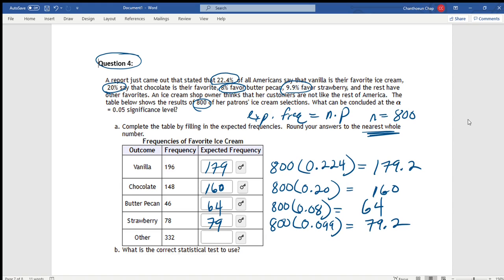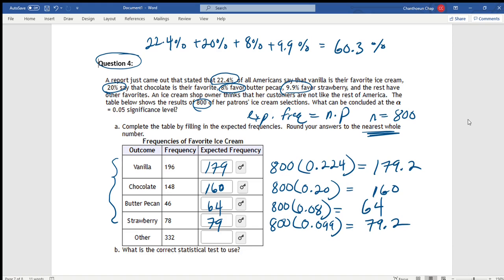To find the percentage that prefer other, we'll have to add 22.4% plus 20% plus 8% plus 9.9%. This is equal to 60.3%. So this is the makeup of those that prefer vanilla, chocolate, butter pecan, and strawberry. So the other would be the rest.